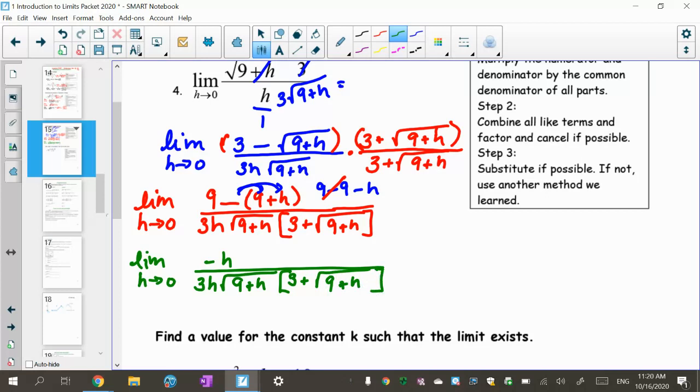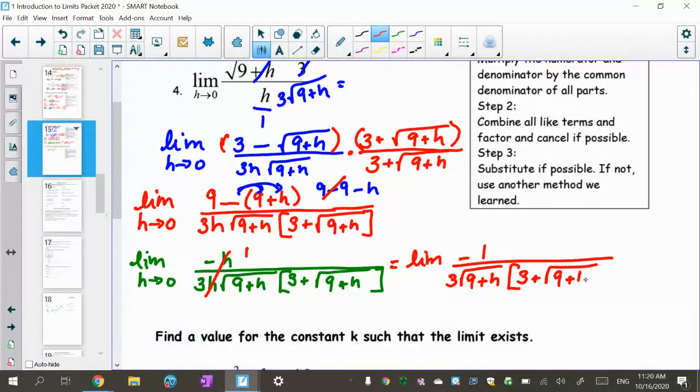Now, if I try plugging 0 in the h spots, again, look what happens. I still get 0 over 0, but then I notice this is a factor, even though it's a binomial. I can cancel out or divide those h's to make a 1. So this is the limit of negative 1 over 3 radical 9 plus h times 3 plus radical 9 plus h.